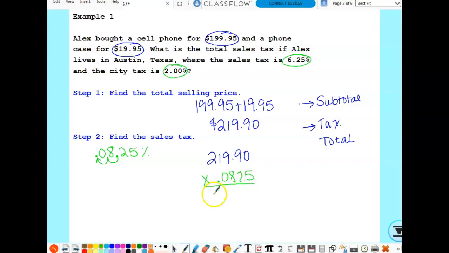When we type that into the calculator, what we get is 18.14175.